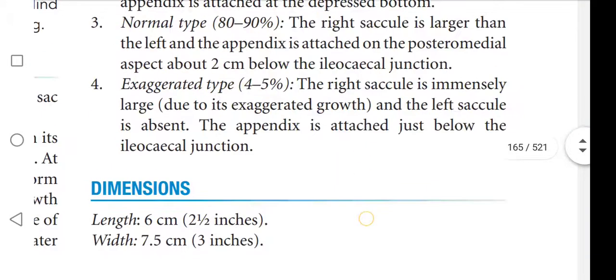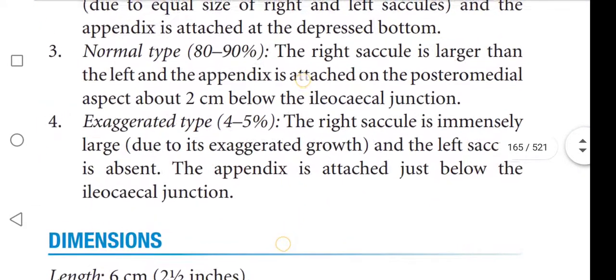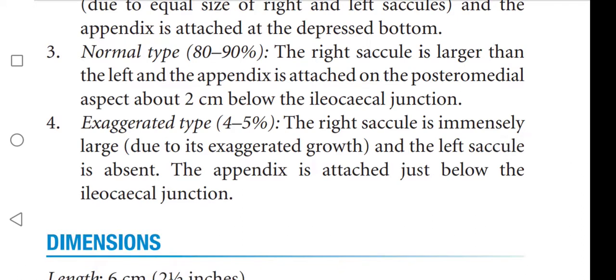Next guys, exaggerated type, it is 4 to 5%. The right saccule is immensely large due to its exaggerated growth. The left saccule is absent.